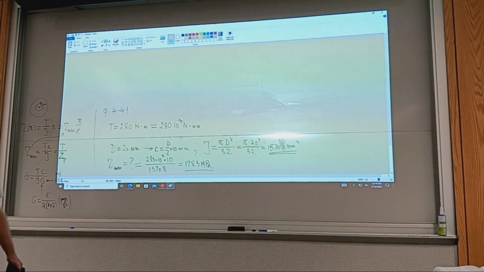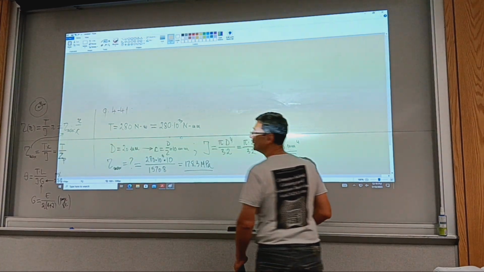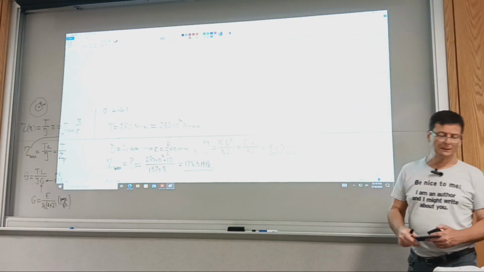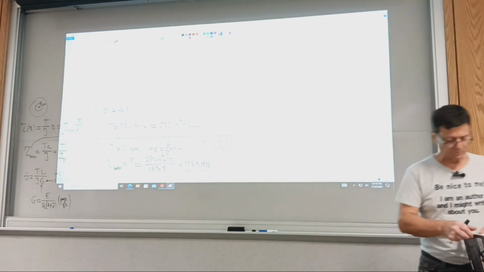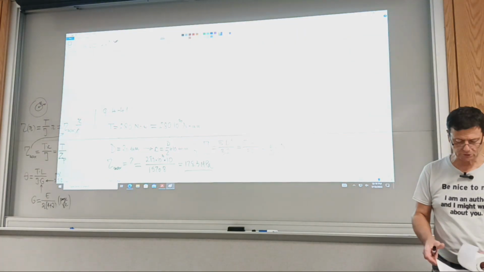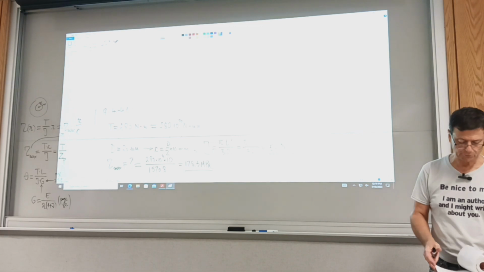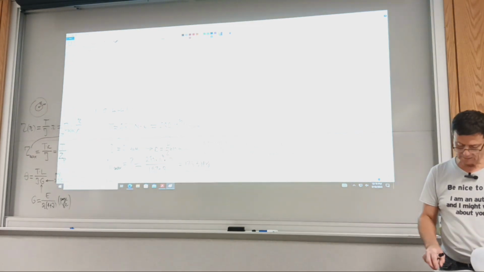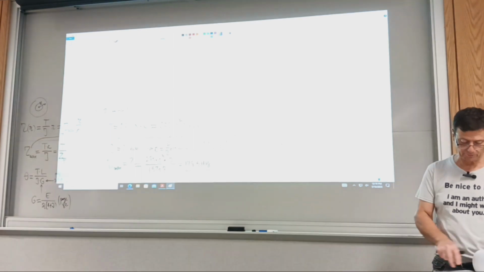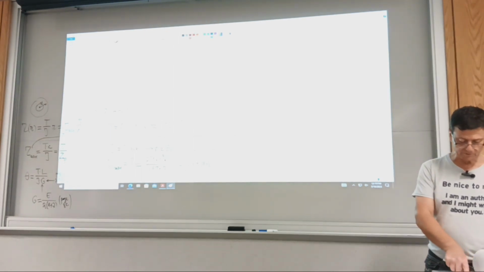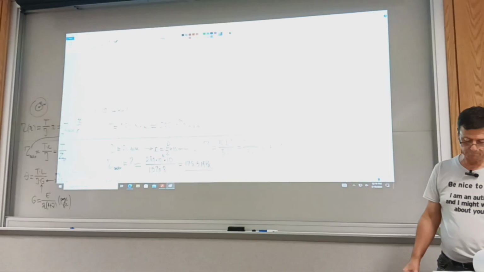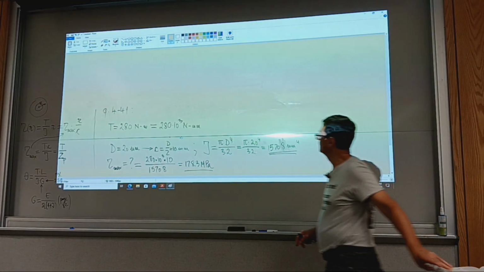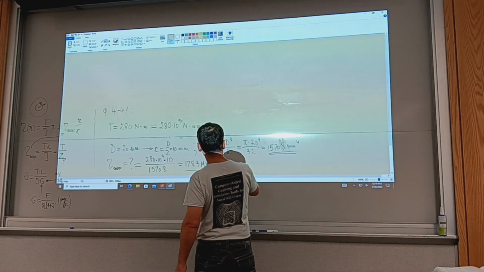Was it clear? Okay. Was J in the chapter? It's in the chapter, but I encourage you to instead use the first of the appendix, which is on page 753, properties of area, appendix 1. There's also the polar section modulus.